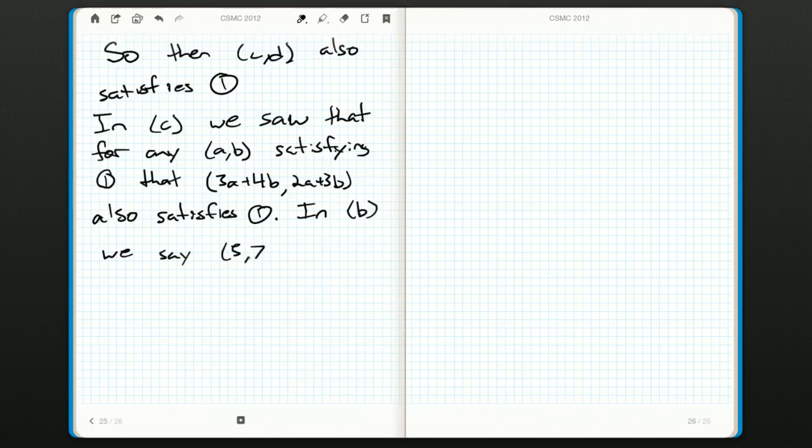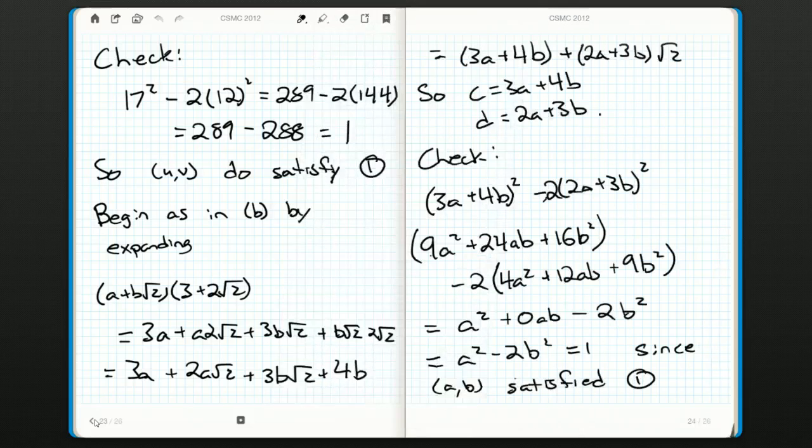I think it was 5 and 7 that we saw, or maybe it was 7 and 5 actually. No, 17 and 12.